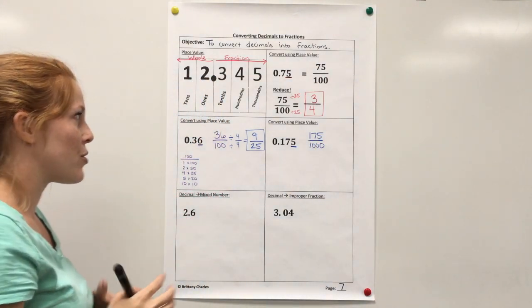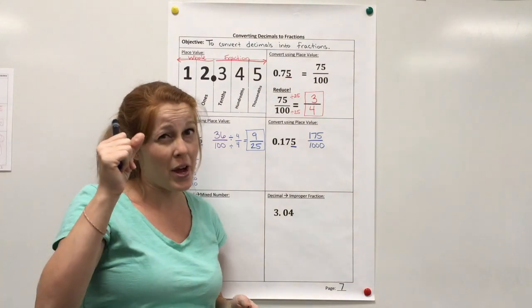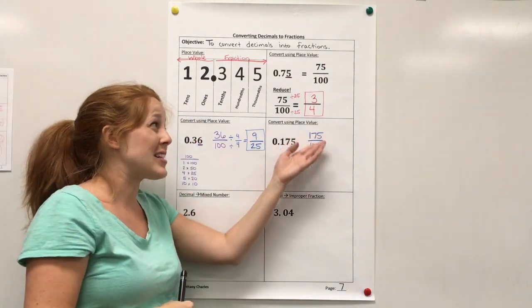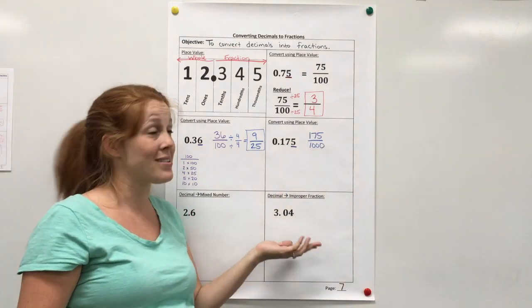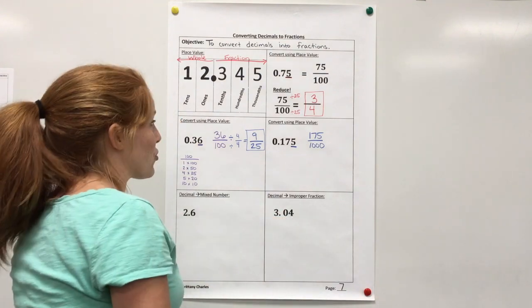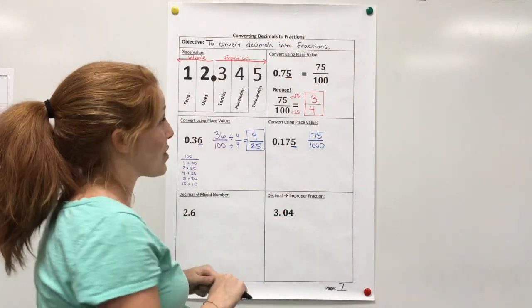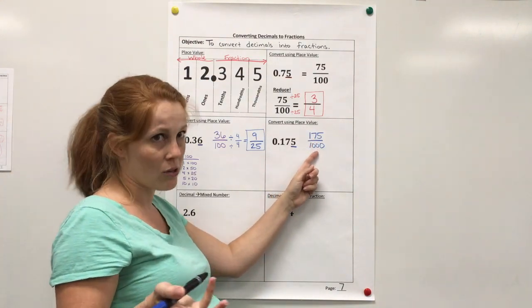All right. So this is one that it might be a little bit harder to find the greatest common factor off the top of your head. But again, I like to think money. So the first thing besides 5 that comes to mind is 25 quarters. So I'm going to go ahead and try to reduce this by 25 because I know quarters would go into $1.75 and also $10.